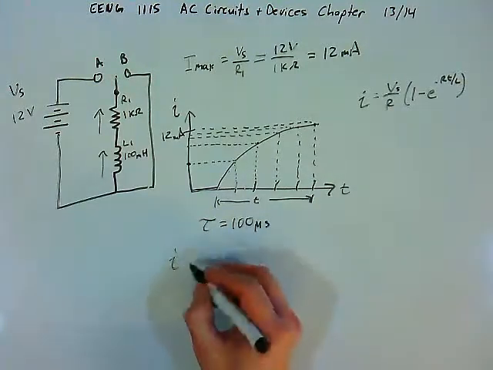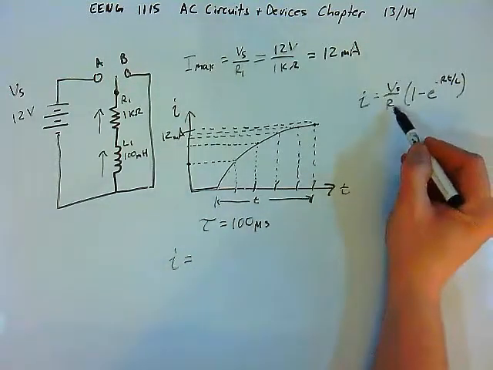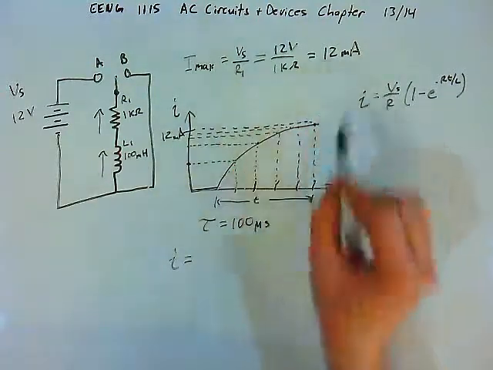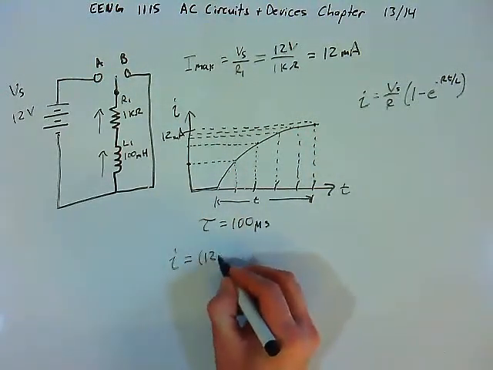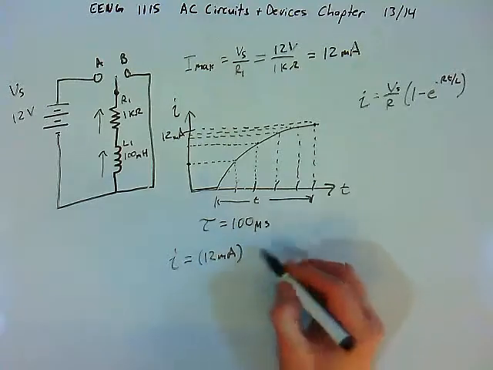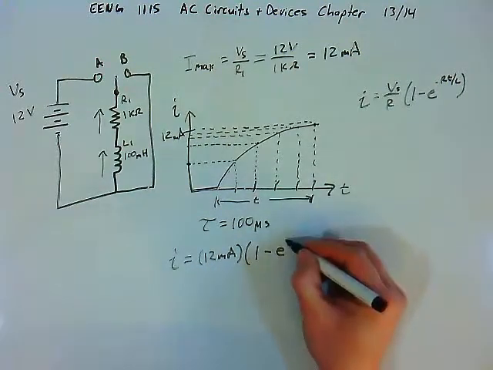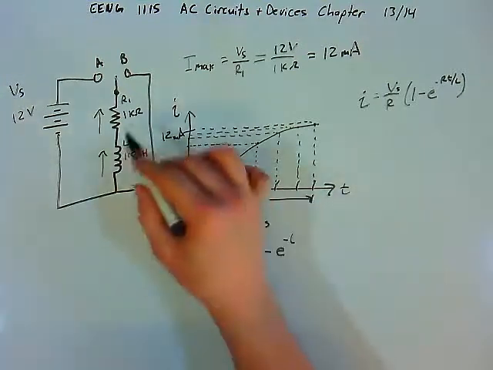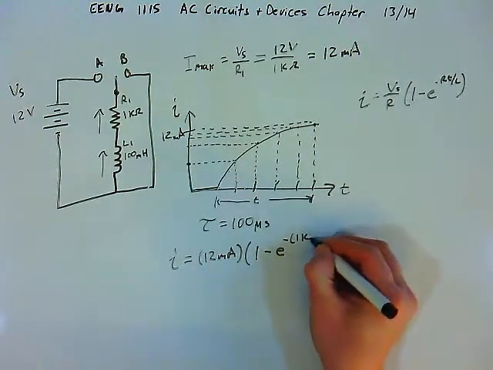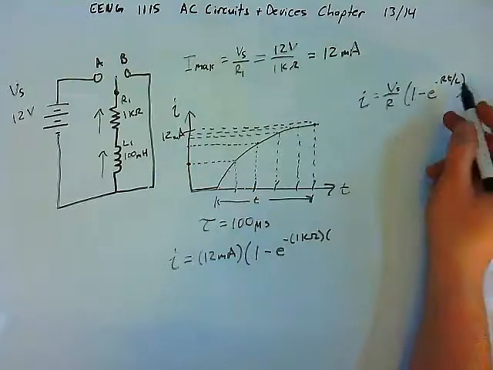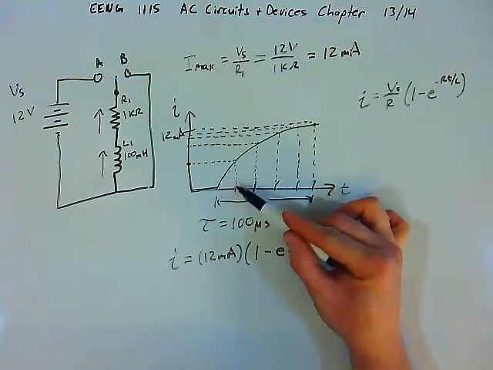The instantaneous current will be Vs over R, which is the maximum current. I already know that that's 12 milliamps, times 1 minus e, which is Euler's number, to the negative R, which is 1 kilo ohm, times t, which is the point in time that we're looking for the instantaneous current.